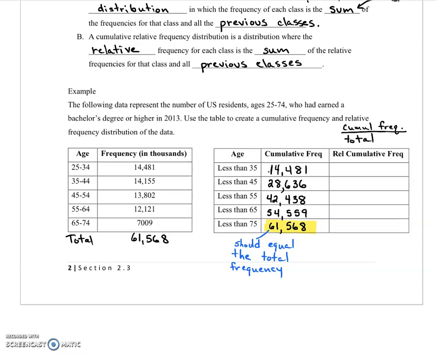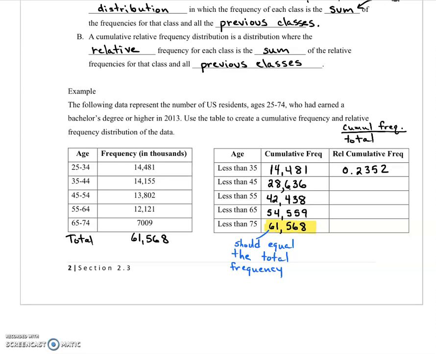So for the first one, it's 14,481 divided by 61,568. And that gives us approximately 0.2352.